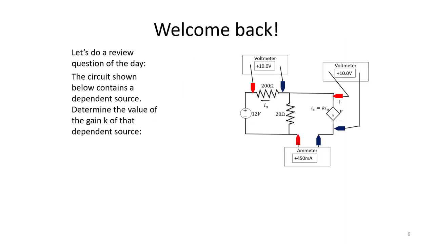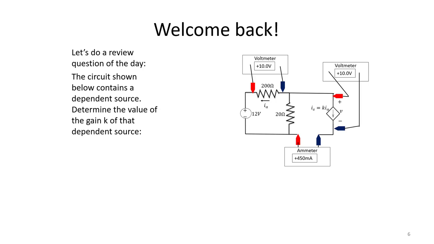So let's go ahead and do another review question before we move on. I'd encourage you to take a moment and, if you're feeling confident, try pausing the video and see if you can reproduce my solution to this question. So let's go ahead and see how we would approach this.